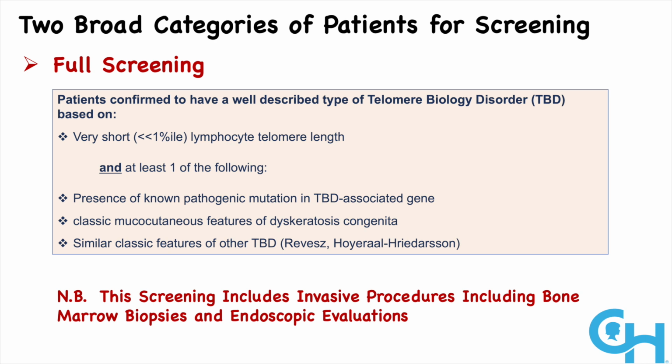And so for the patients with TBDs who we think need the full screening, these are patients who are known to have very short lymphocyte telomere length and at least one of: presence of a known pathogenic mutation in a TBD-associated gene, classic mucocutaneous features of dyskeratosis congenita, or similar classic features of another telomere biology disease, such as Revesz syndrome, Hoyeraal-Hreidarsson syndrome as well.